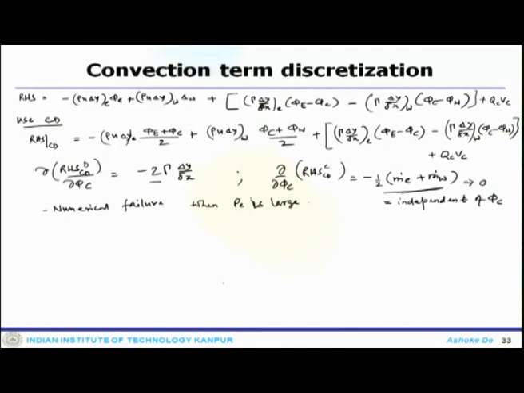Now, similar things one can find out for the upwind scheme.